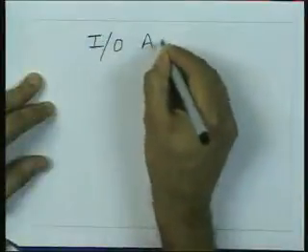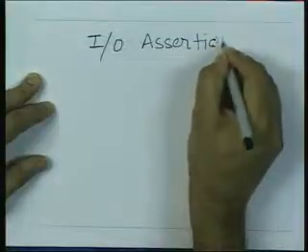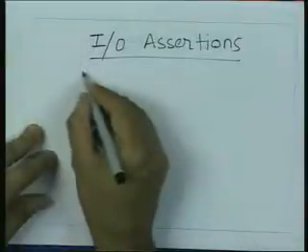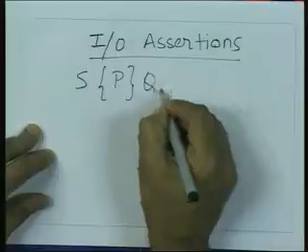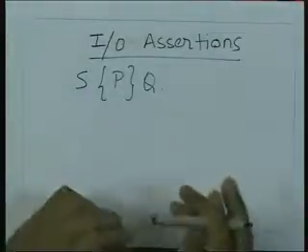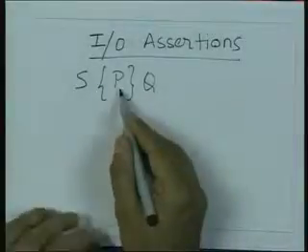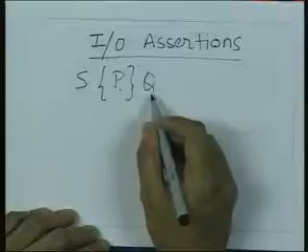It's a part of algebraic specifications as well, but I/O assertions are much simpler, and they simply take the form S P Q. What this is trying to say is that if S holds before the program P is executed, then Q is going to hold after the program P is executed.